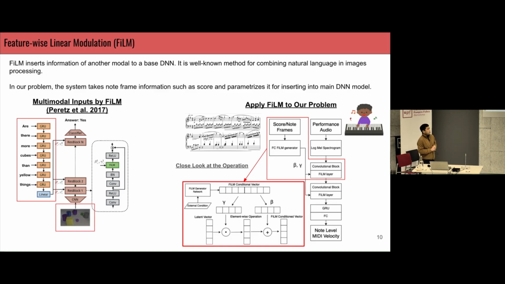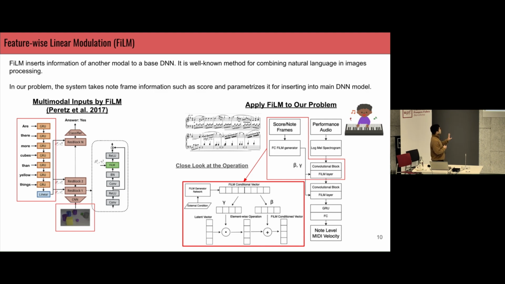First, I would like to introduce technical aspects of this DNN network, how to take score information and audio information together, even though those are different modalities. I employed feature-wise linear modulation, which is called FiLM. FiLM is widely used in natural language processing and image processing.